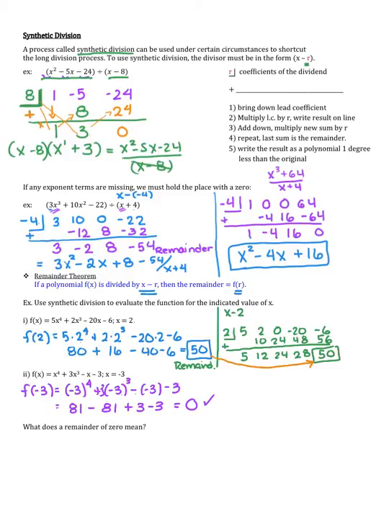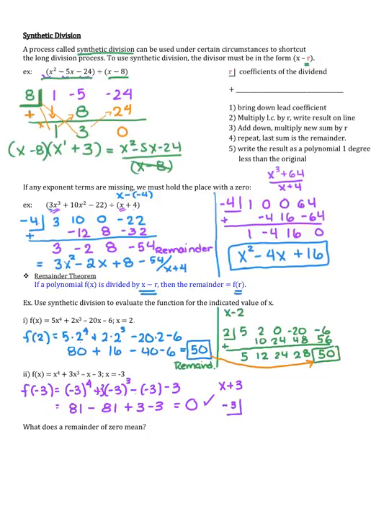What does that mean? Well, that means that x minus a negative 3 goes in evenly, is a factor of that polynomial. And so if I wanted to, now that I know it is a factor because I got a 0 remainder, I would go ahead and do my synthetic division.